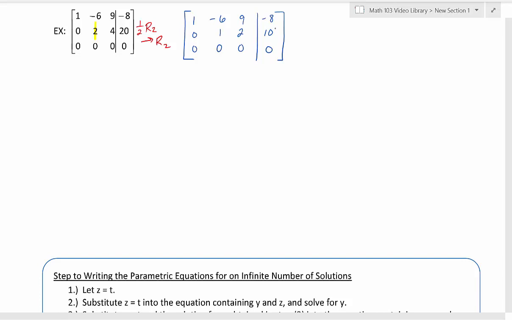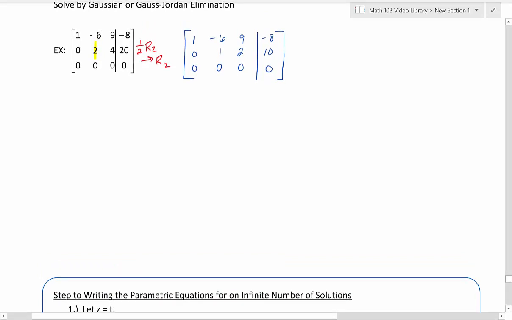That's also true. Third, the leading one in the row above needs to be farther to the left. We have that as well. And lastly, below all leading ones must be all zeros. We have that as well. Our matrix is indeed in row echelon form.